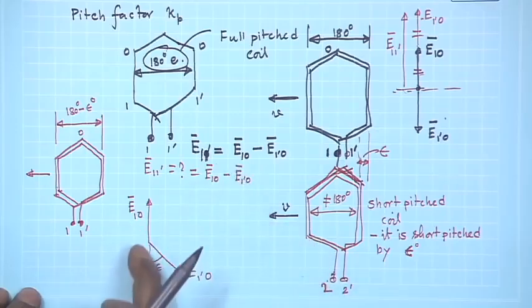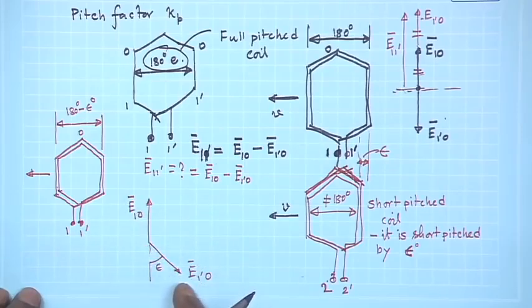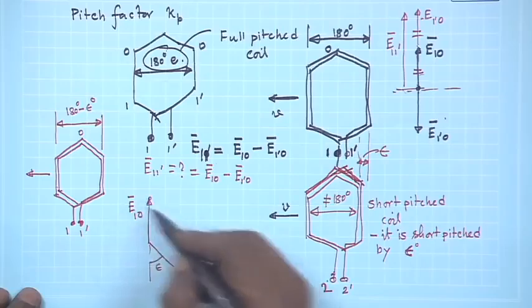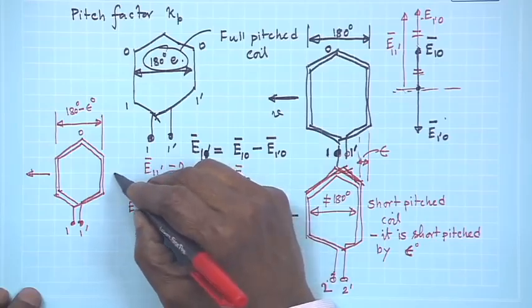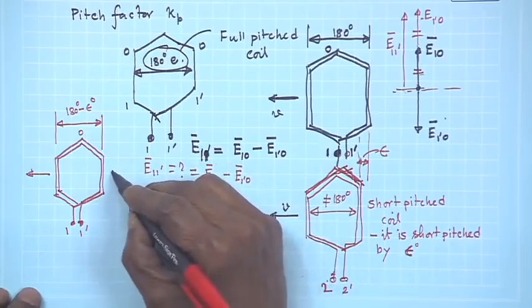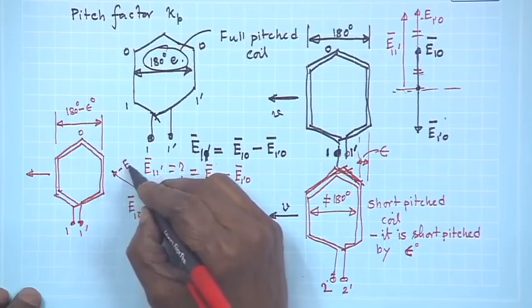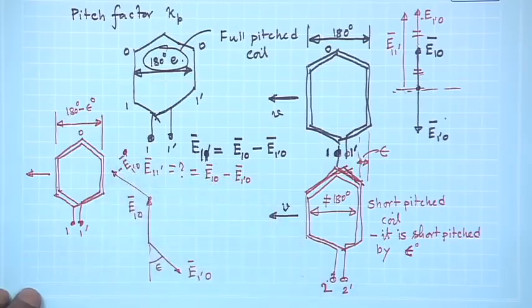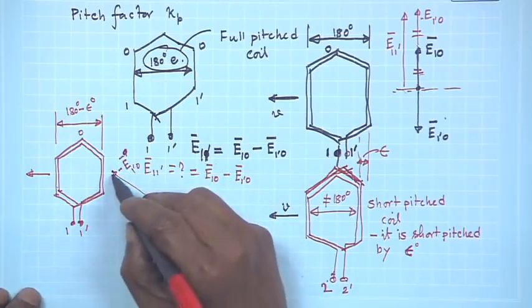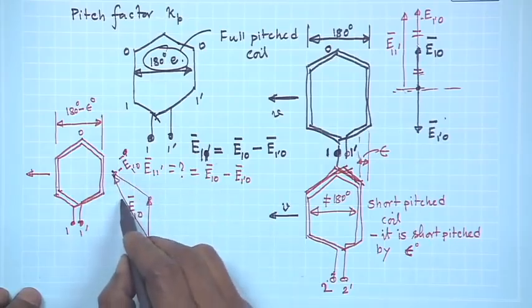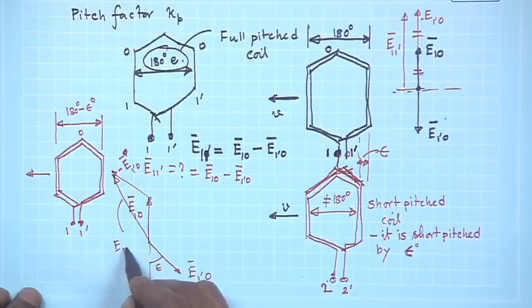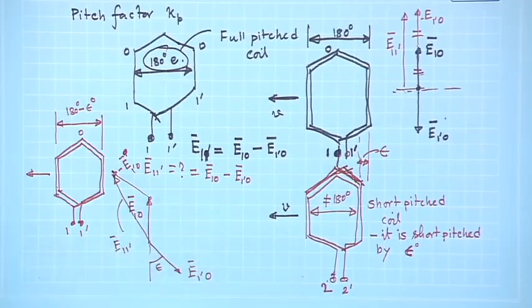From this phasor I have to subtract this. How can I get that? This is E 10, to this you have to add negative of E 1 dash 0. So, add it parallel to this, and so on. So, this is minus E 1 dash 0, and your resultant voltage will be this one, your E 1 1 dash. Got the point?